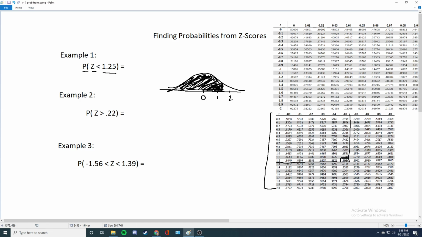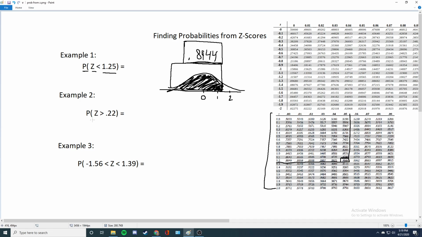This means that this entire area that I have shaded in is equal to 0.8944, which is also our probability. So if we're looking at z less than any number, we just pick it from the table and move on, since the table tells us the area to the left, or the area that's less than that z-score.